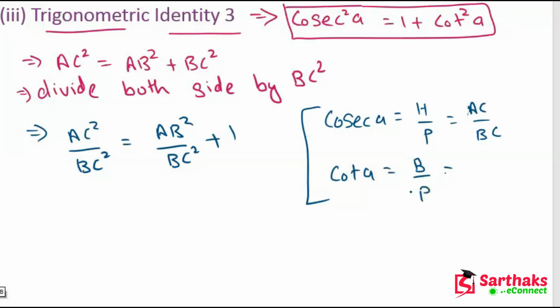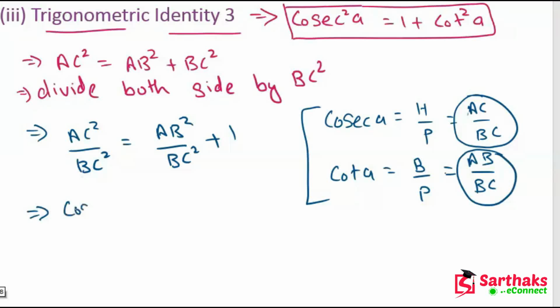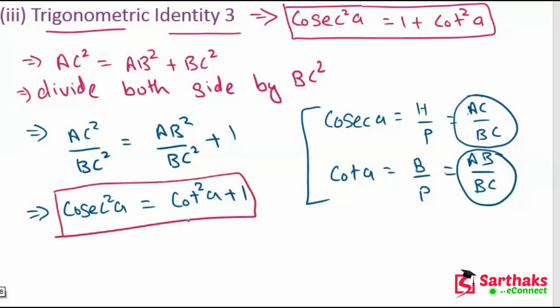Base is AB and perpendicular is BC. Now we put the values of cosec A and cot A in their respective places. So we get cosec square A is equal to cot square A plus 1. Hence proved.